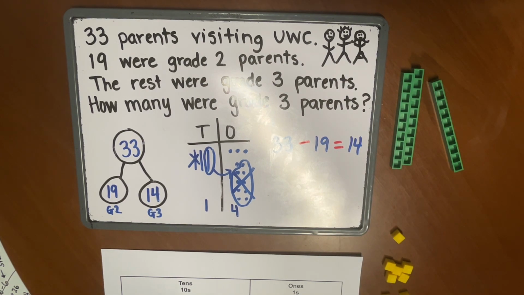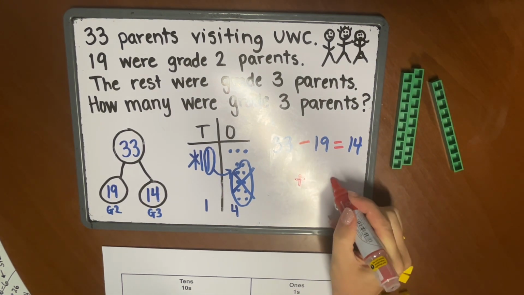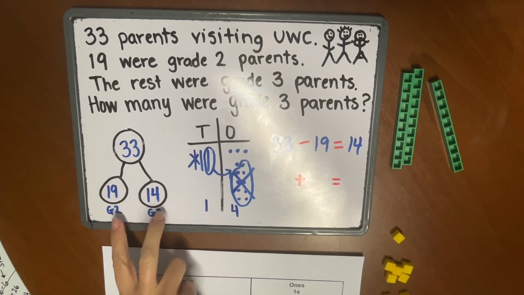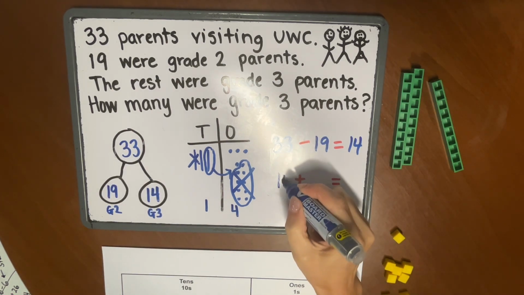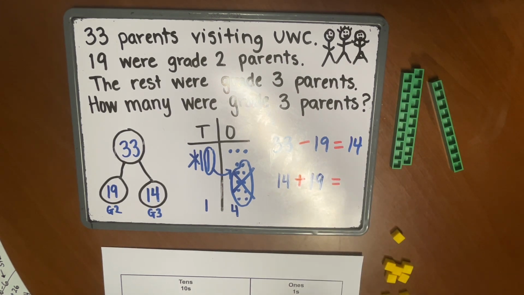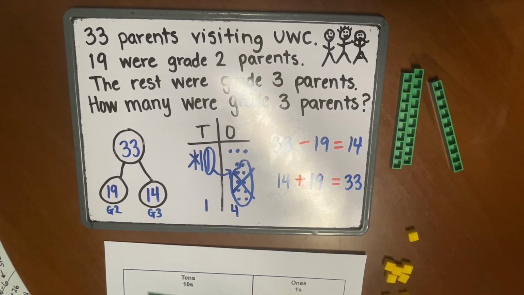I think I could also write it using an and symbol or plus symbol. How would you do that? Well, I know that 14 and 19 together is 33. So I could say 14 grade 3 students and 19 grade 2 students was 33 parents altogether.